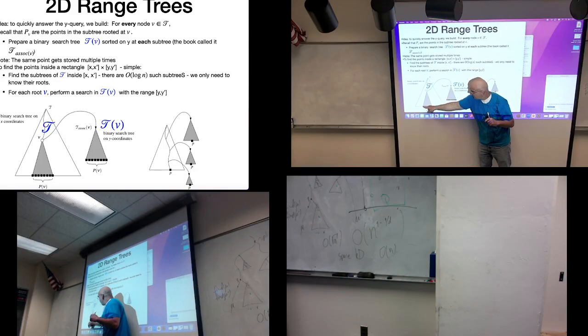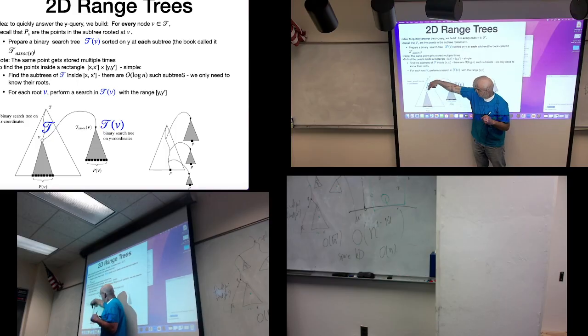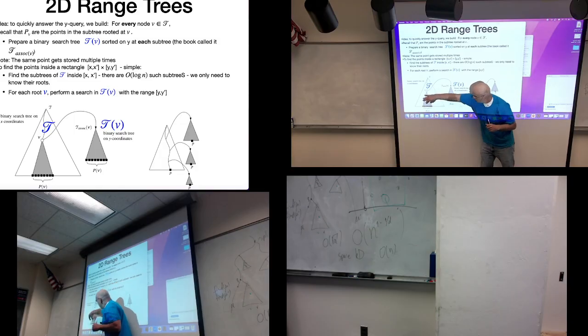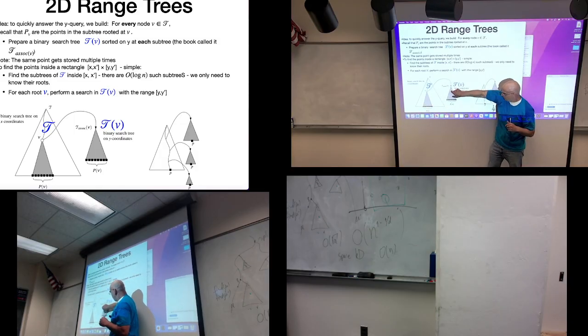So I build T, all the points sorted by x. Pick every node V, look at all the points in its subtree. Remember, so far I just cared about the x value of these points. I look at this set of points, and I copy them, and now I build a new tree.